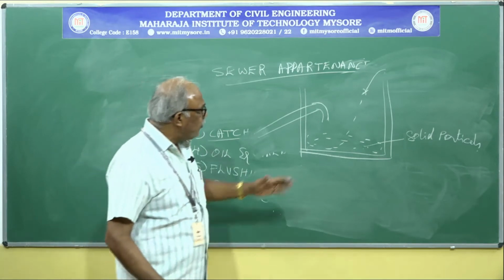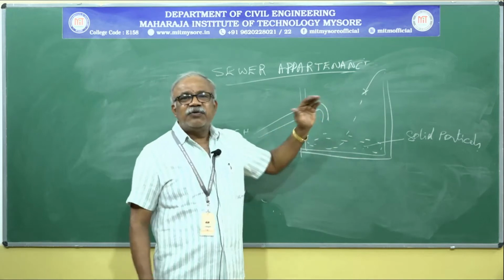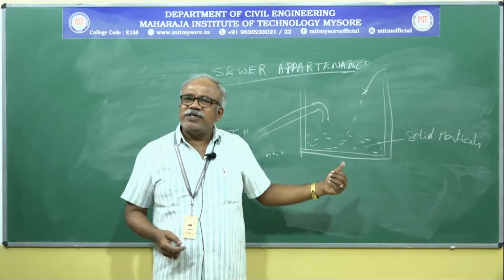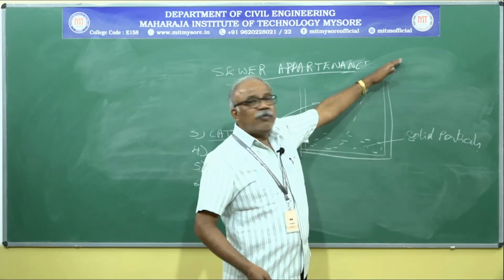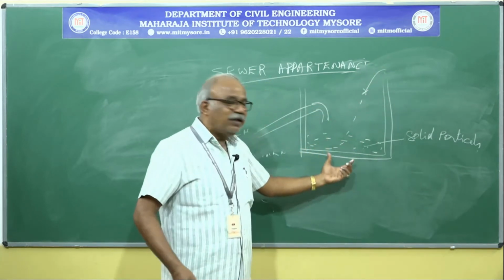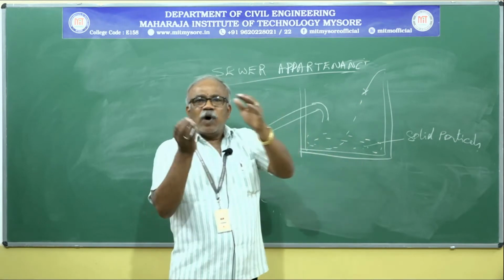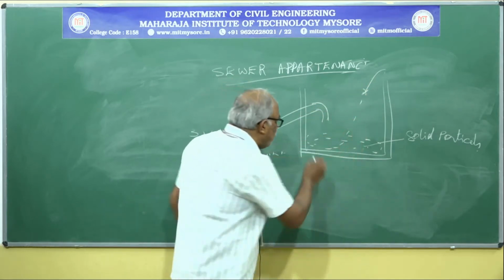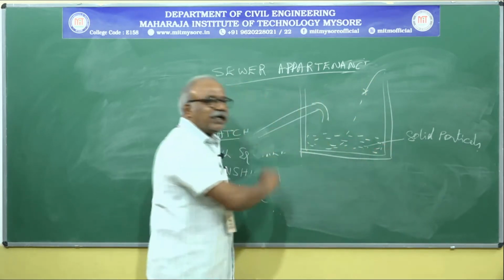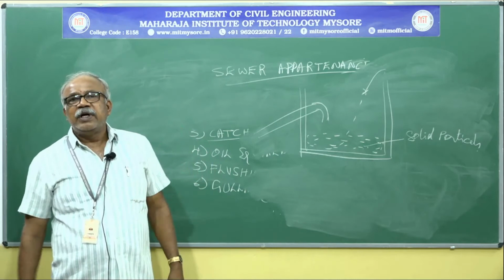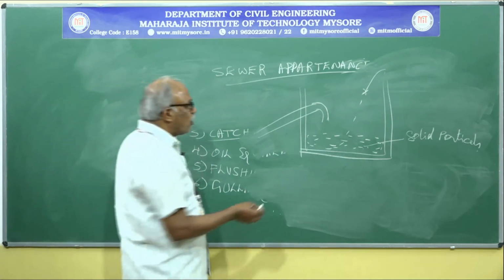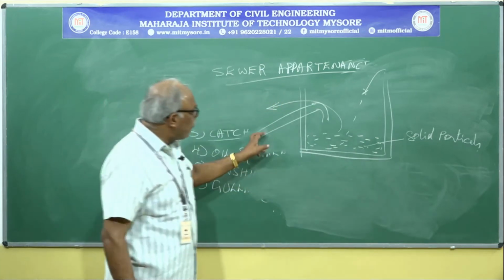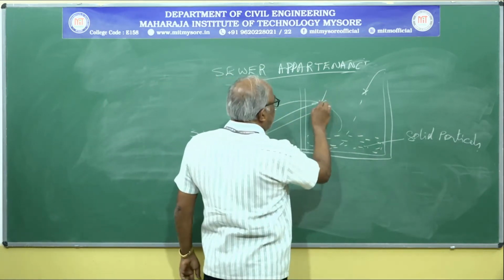In that situation, these catch basins will be provided. The intention of providing a catch basin is that whatever waste comes and is collected in it, the particles that come along with the wastewater will settle at the catch basin bottom. The rest of the wastewater will be connected to the main sewer. What is this pipe? Simply we call it a hood.